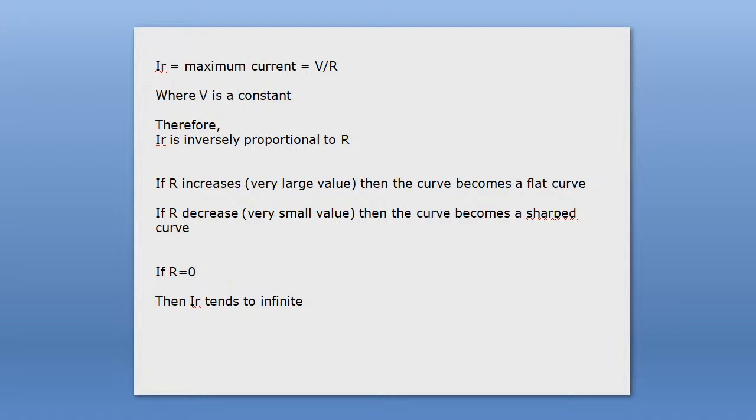If R is 0, then the current tends to infinite. Actually, I am telling you this point because this concept is required for calculating the half power bandwidth, or to measure the selectivity of your RLC circuit.